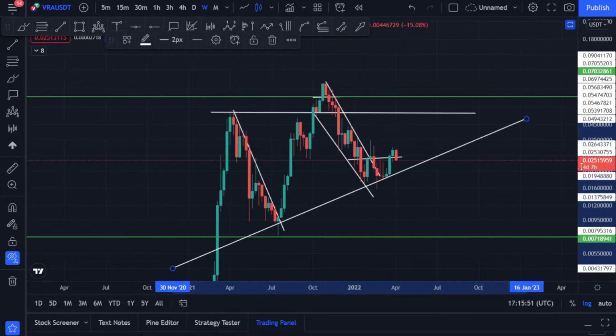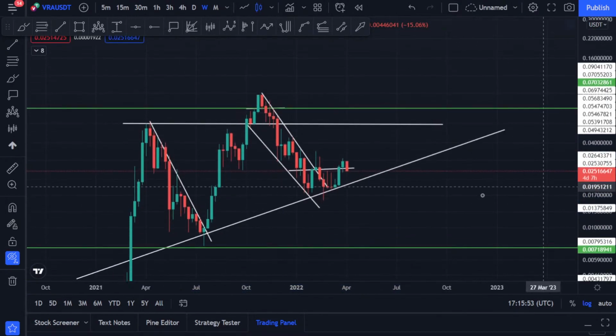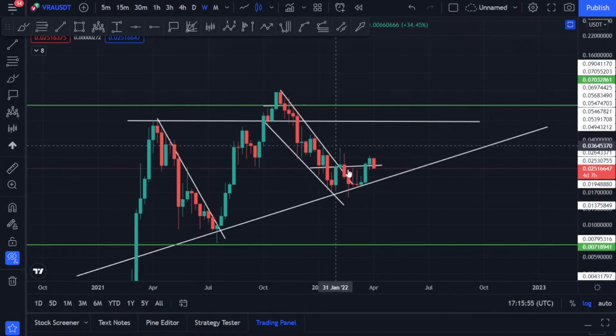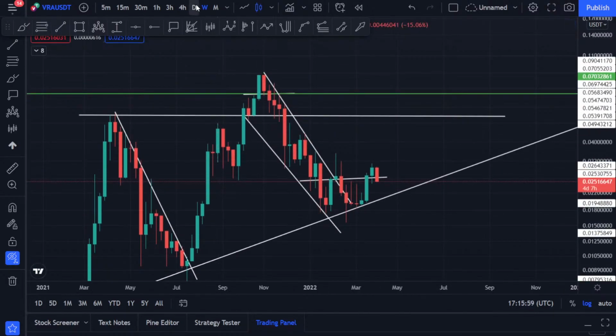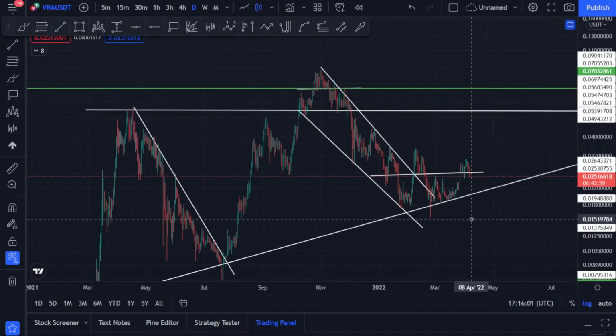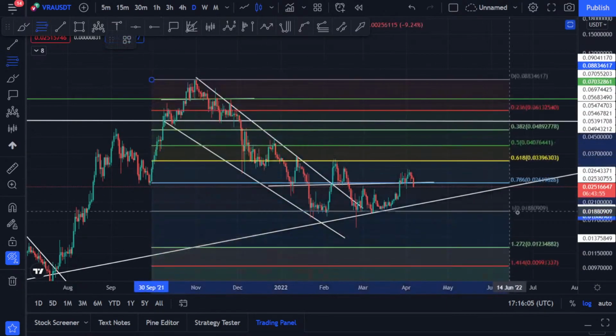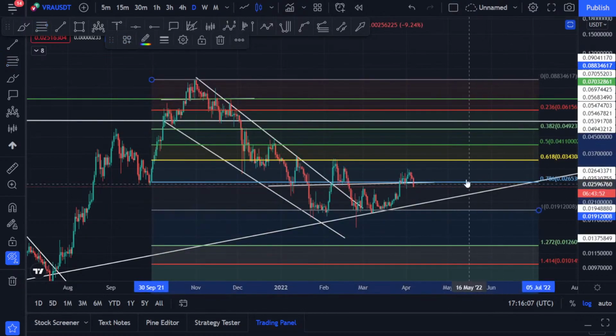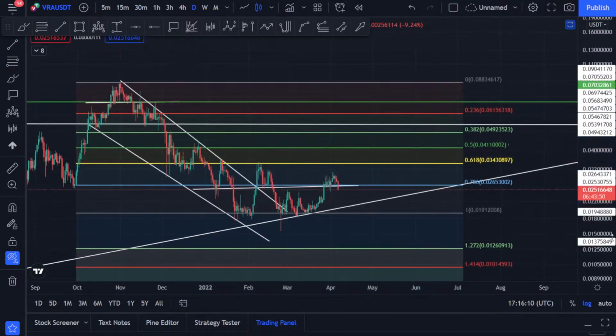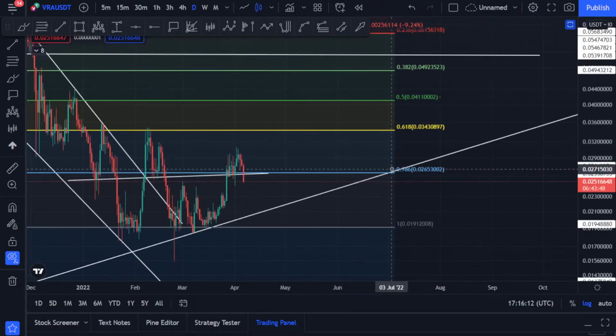So you can see with VRA that it came down, broke this channel, broke the resistance, and started rallying towards the upside. And now if you just look at it in the daily time frame and bring your Fibonacci and just judge this move, you can see you were getting support at the 0.786 level, but you broke it down.